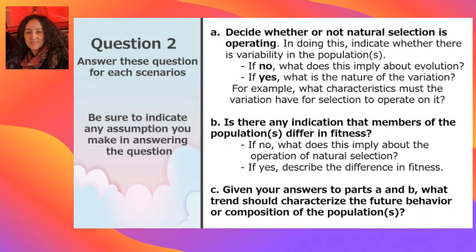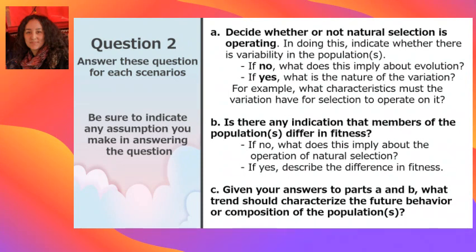In doing this, indicate whether there is variability in the population. If there is no selection, what does this imply about evolution? If there is selection, what is the nature of the variation? For example, what characteristics must the variation have for selection to operate on it?